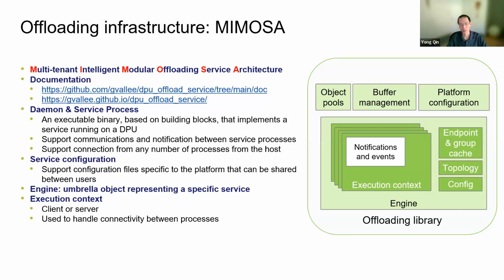We also have lots of other auxiliary components or modules that help us to better manage the resources and provide all the necessary key points required by the collective algorithm, such as topology management, endpoint caching, communicator caching, and platform configuration management, et cetera.